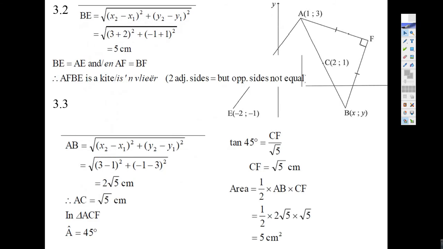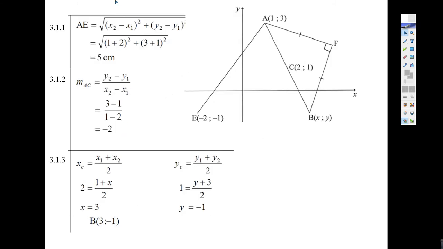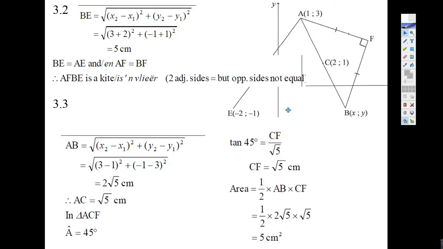The next question, 3.2, says BE is joined to form a special quadrilateral. Can you name that quadrilateral? Okay, this is what you do. You've got B now, and you've got E, and you think, well, maybe I should find the distance. I know that the distance AE is 5 centimeters.